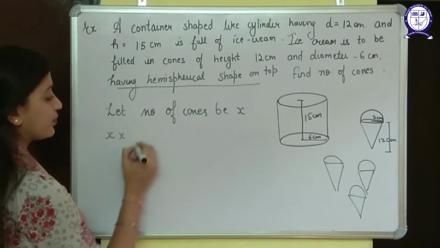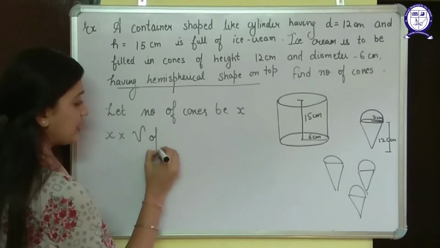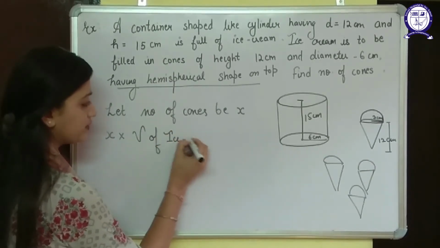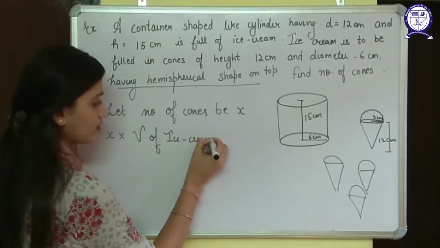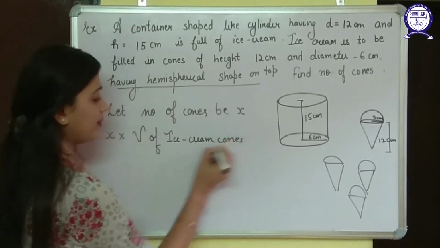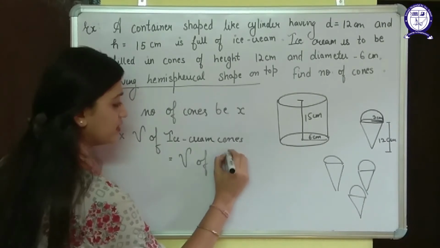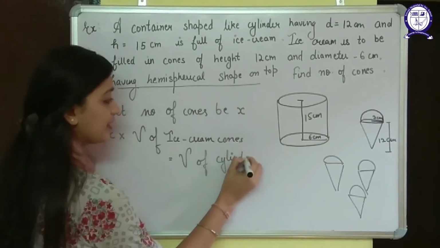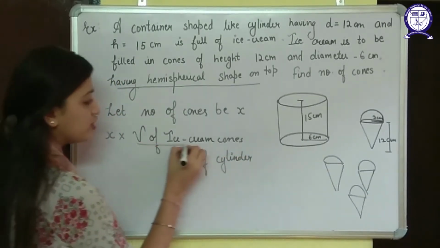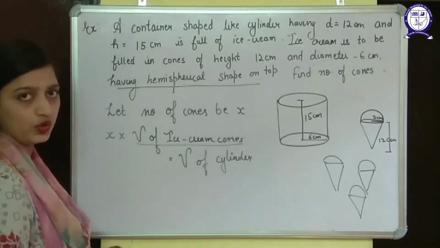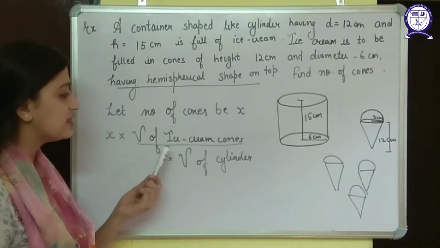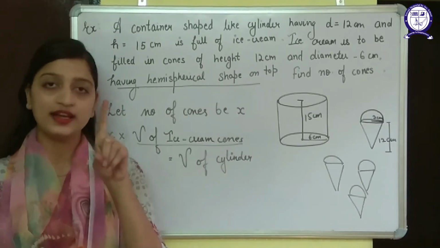X into volume of ice cream cone will be equal to volume of cylinder, right? This is the volume of just one ice cream cone.